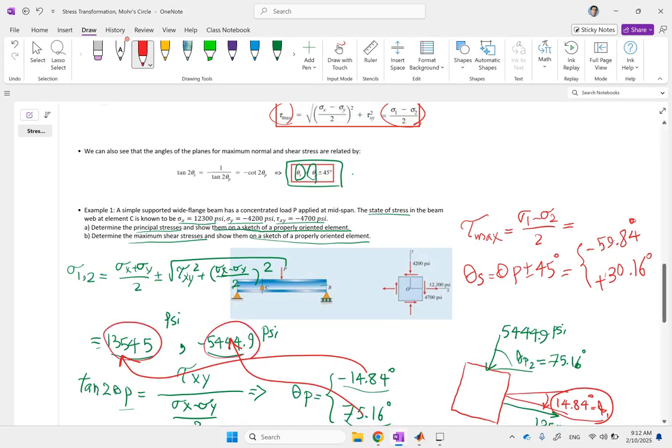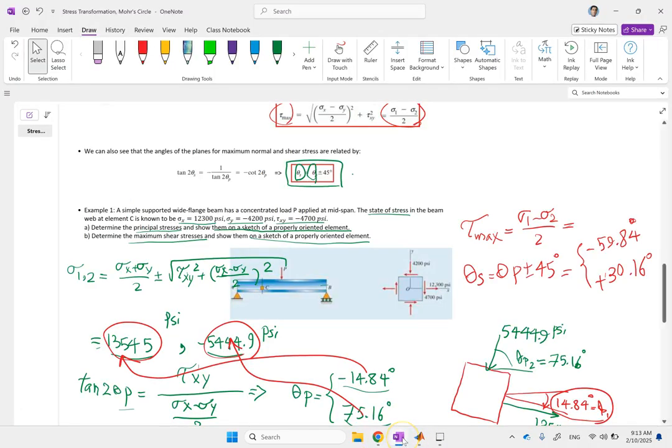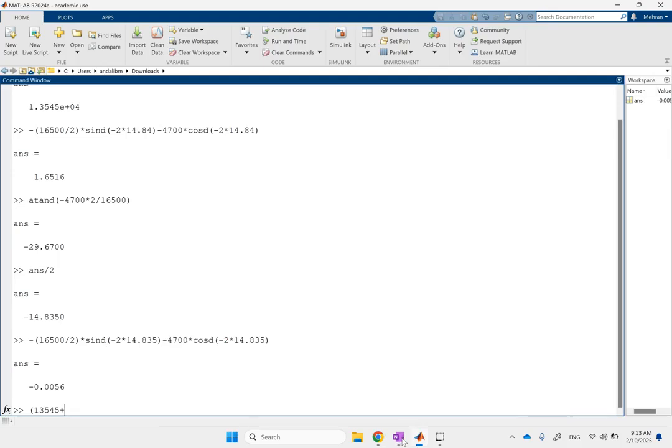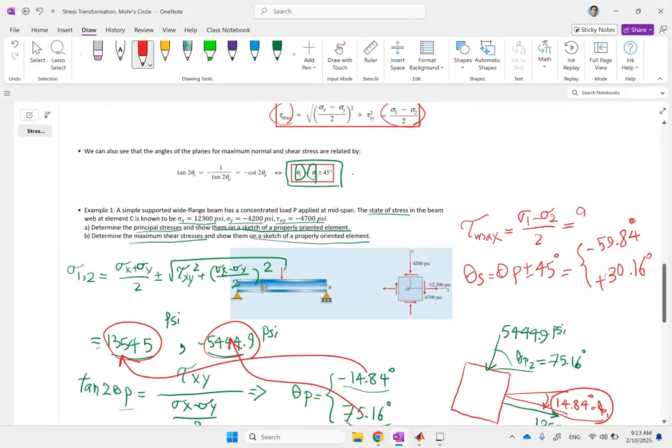And the tau max, again, all you need is to subtract these two numbers and basically divide it by 2. So 13,545, correct? And so here 13,545, and then the other one is minus, so it's going to be minus minus or plus 54,449, divided by 2, and this is the number, 9495 psi.